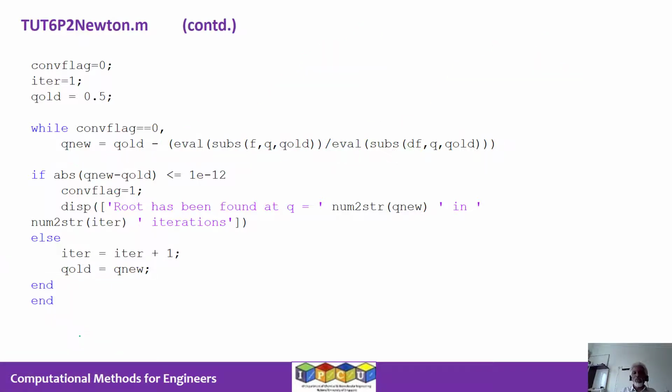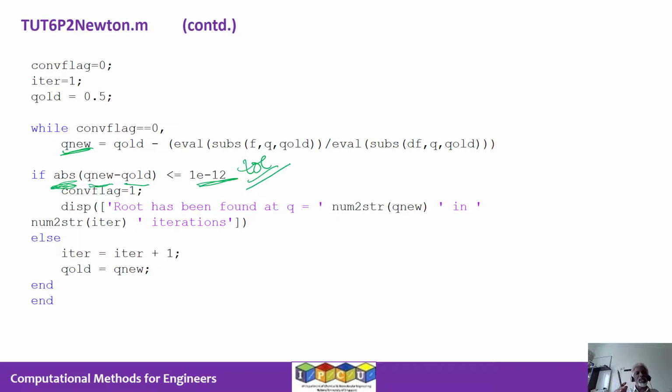Now here is where you check for convergence. I use the ABS function, the absolute value of the gap. I do not mind whether q new is bigger or q old is bigger. What I am looking at is the magnitude of the gap between my previous value of q and my currently computed value of q. If that difference in magnitude is less than or equal to 10 to the power of minus 12, this is my convergence tolerance.